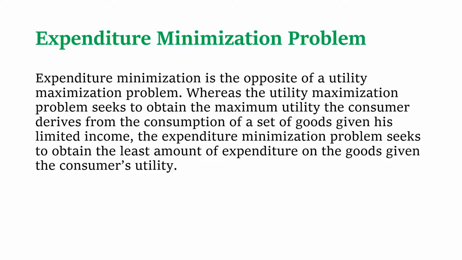Now, if somebody asks you to write the objective function for a minimization problem, it is as simple as that. That's what you need to write. Minimize, you can even say min, or you say minimize with subscript x1, x2, p1 x1 plus p2 x2.